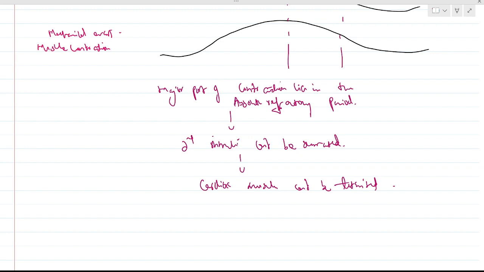First we need to remember that the major part of contraction lies in the ARP, absolute refractory period, and in the absolute refractory period second stimuli can't be summated. Hence cardiac muscles can't be tetanized.